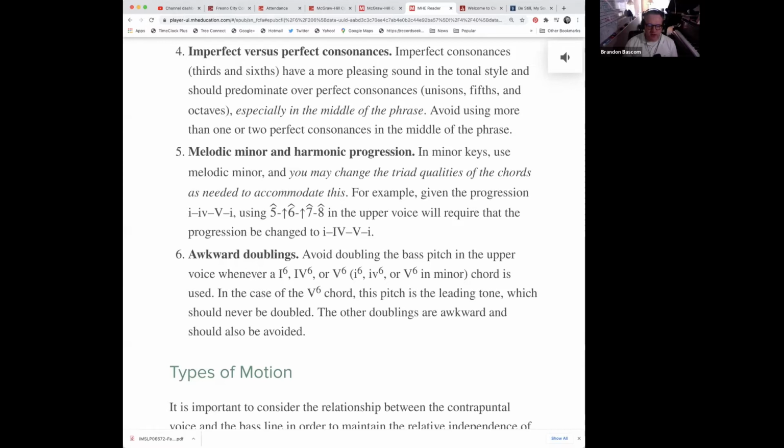The other doublings are awkward and should also be avoided. So don't double when you're in first inversion on 1, 4, and 5 chords. Are we okay with that category?